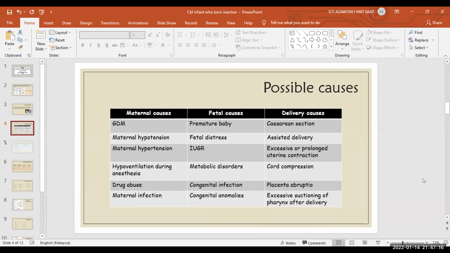Other delivery causes include excessive or prolonged uterine contraction, cord compression such as prolapsed cord, shoulder dystocia, placental abruption, and also excessive suctioning of the pharynx after delivery can lead to the baby being inactive.